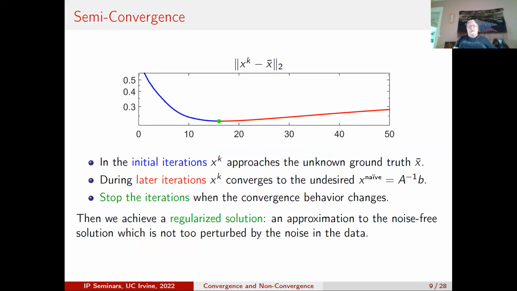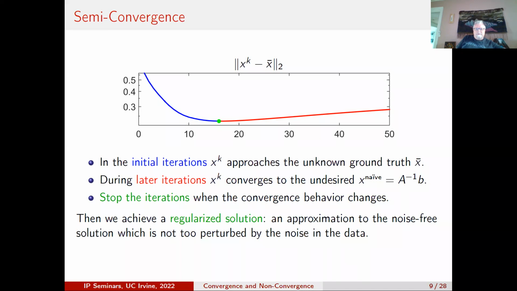Well, this is what we call semi-convergence. In this iterative process, we have two different stages. In the initial iterations, in the blue part of the curve, the iterates actually approach the exact solution. And then later on, they start to converge towards this naive solution that we do not want.